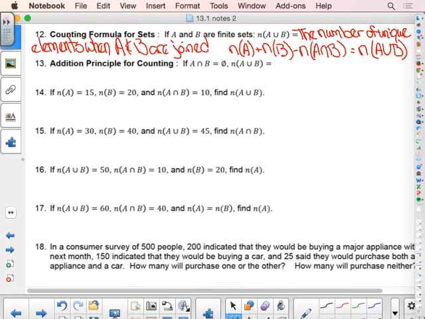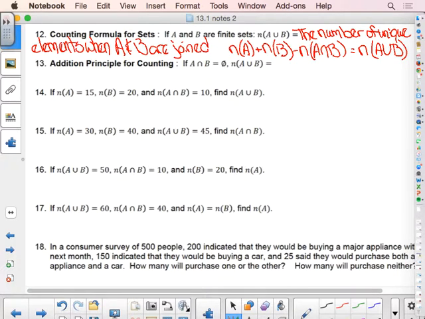So all we're doing is saying whatever overlap there is between two numbers, we're going to subtract out that overlap so we don't see the same number appearing twice. Number 13, addition principle of counting.